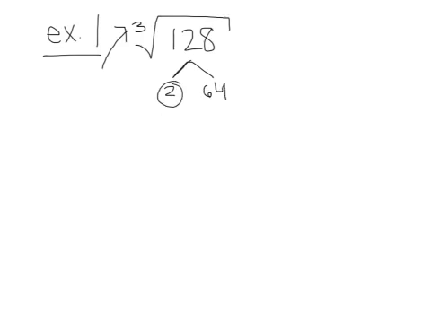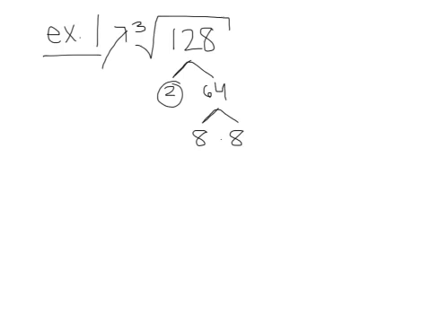I'm going to circle the 2 because that is prime. 64 can be broken down to 8 times 8. These are not prime, so I need to keep going. Also, we are not looking for a perfect square. So if you thought, oh, 8 times 8, I'm going to bring the 8 out, that's not correct because, again, this is a perfect cube.